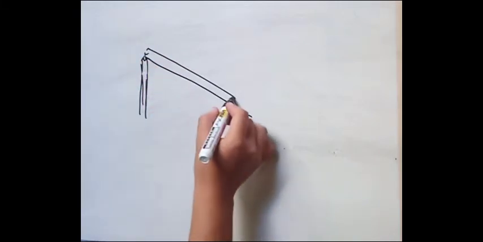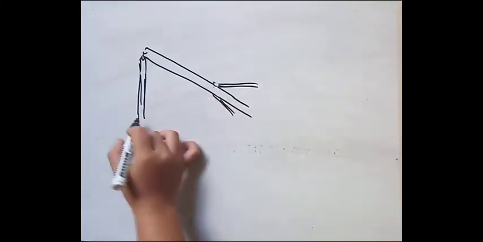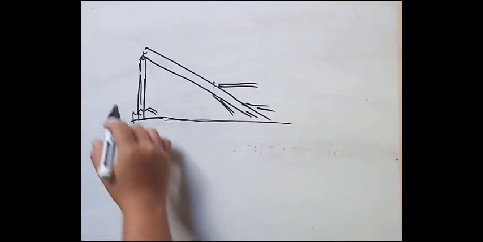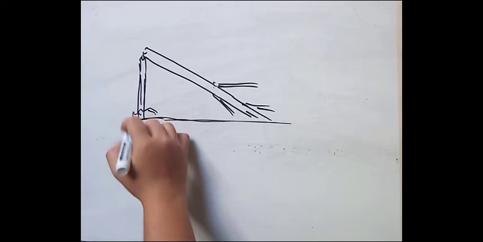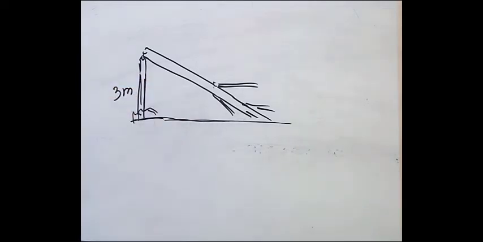Okay, so let's say this is the tree, which is broken, and this is the ground. It says here, a tree is broken 3 meters above the ground level. So this is 3 meters.